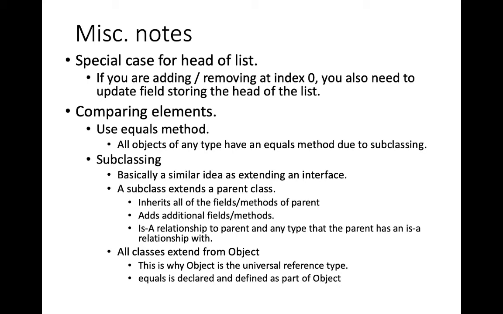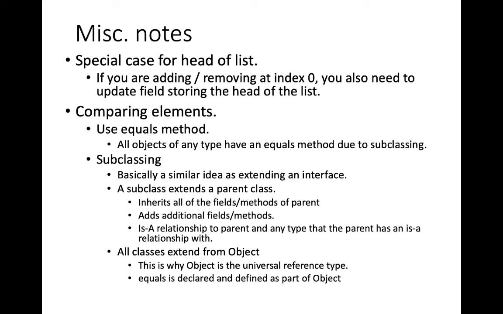But the idea behind subclasses is that you can define one class as an extension of another class. And when you do that, the subclass will inherit all of the fields and methods of the parent class, and then be allowed to provide new fields and new methods that are part of the extension. And just like a sub-interface has an is-a relationship with its parent interface, a subclass will have an is-a relationship with its parent class.